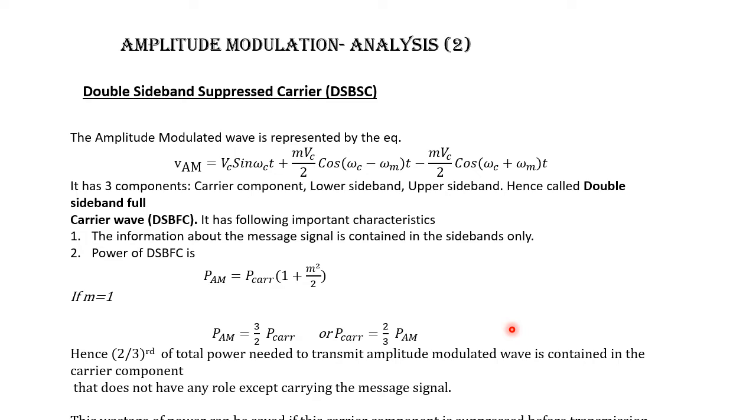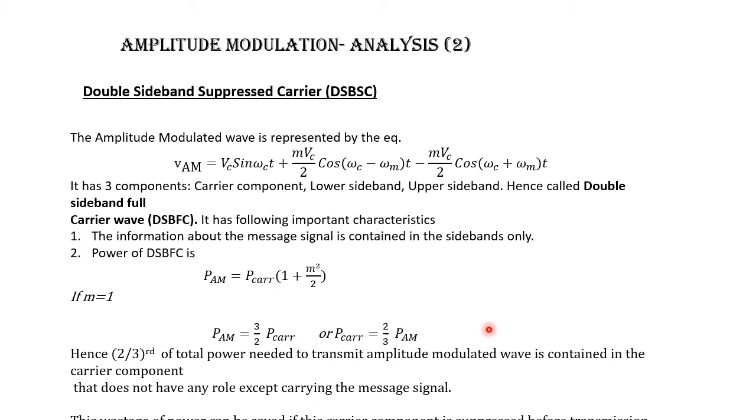It is 2/3 of the total power needed, and this power is actually some sort of wastage of power, because the message signal is not contained inside the carrier portion of the amplitude modulated wave, but it is contained inside the lower sideband and the upper sideband. Therefore, we can say that this amount of power, that is 2/3 of the total power needed, is just wastage of power.